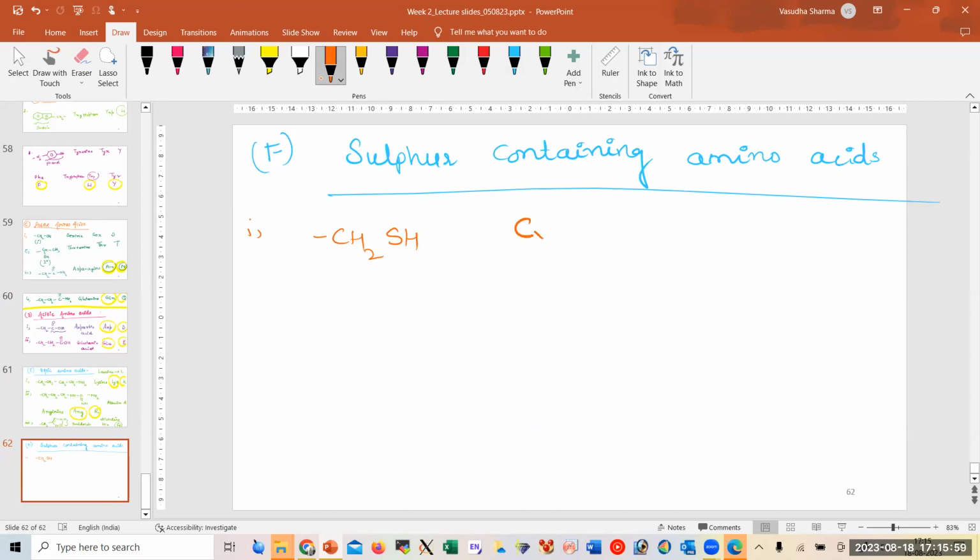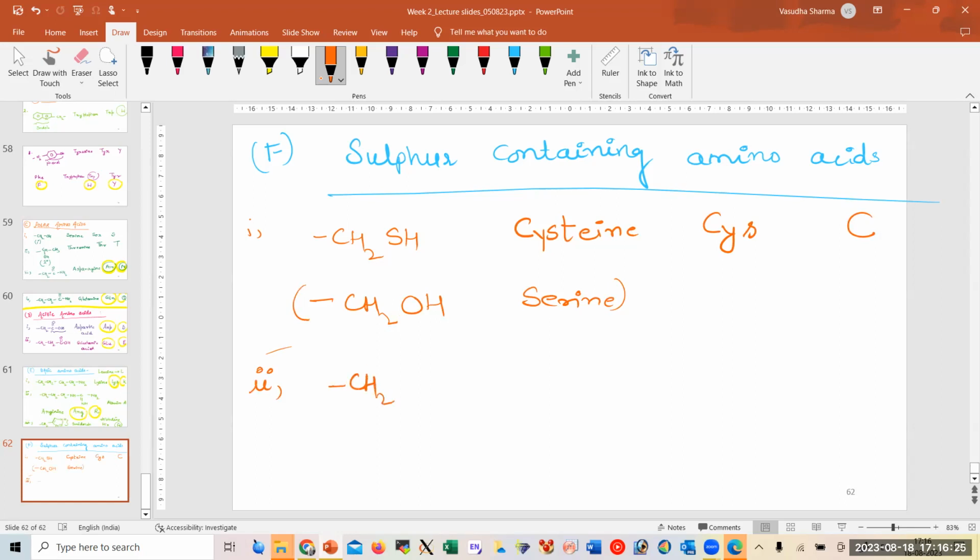It is called cysteine. If you remember that CH2OH was serine, here SH is cysteine, given the code CYS and letter C.